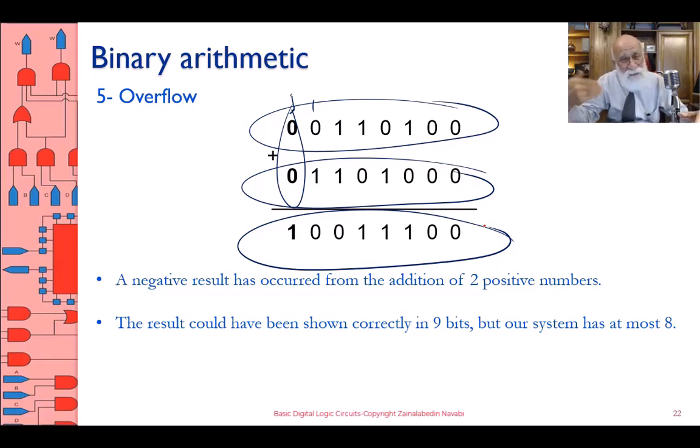Overflow means that the space you are giving these numbers is not enough. So what do you do? Well, switch to the next level up, meaning if you are doing 8-bit arithmetic, turn it into 16-bit arithmetic. If you're doing 16-bit arithmetic and then you need more space, do 32-bit arithmetic.